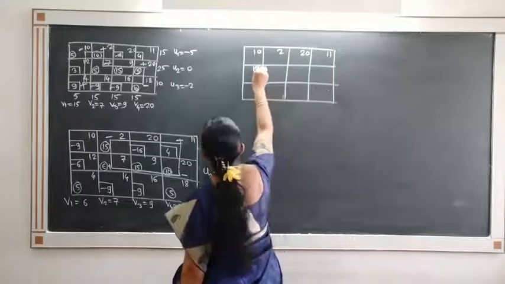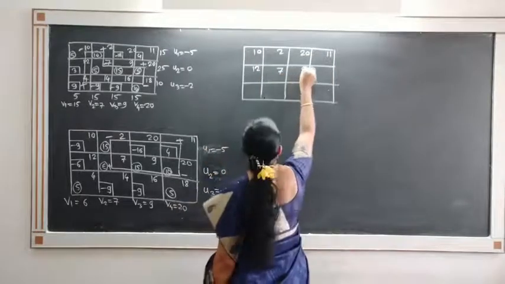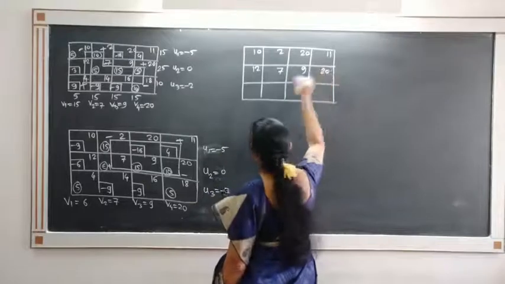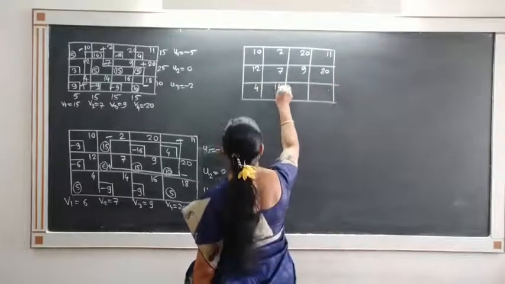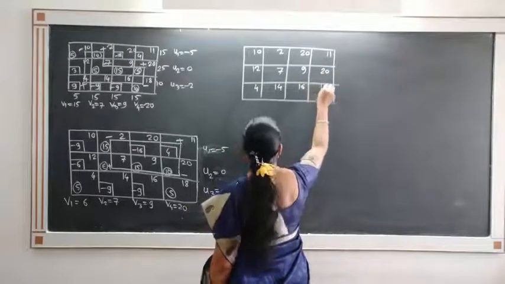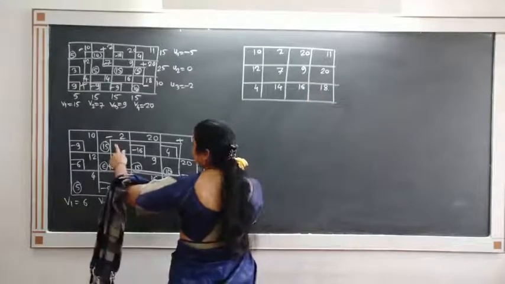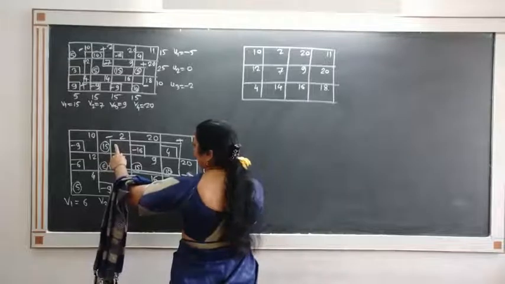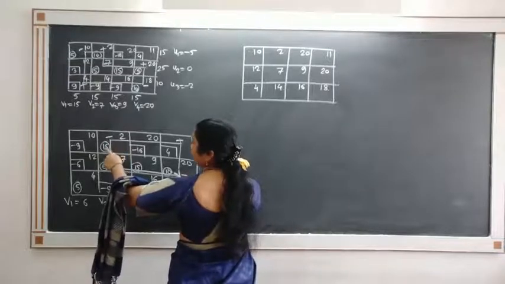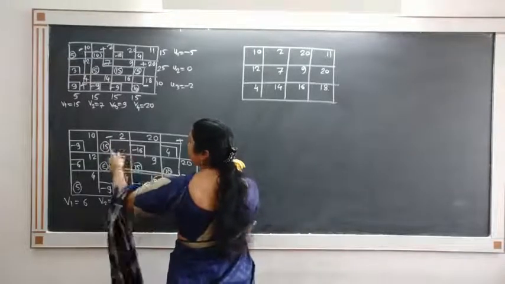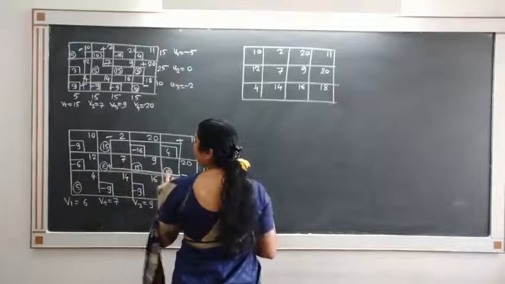See the cells having minus sign, and for these cells we take the allocations and the minimum of the allocations. The minimum is 10.